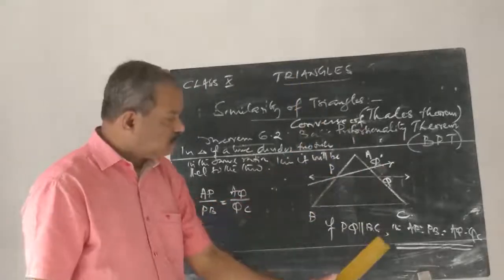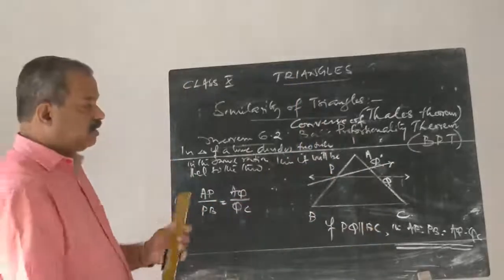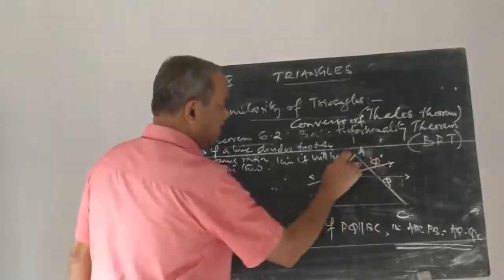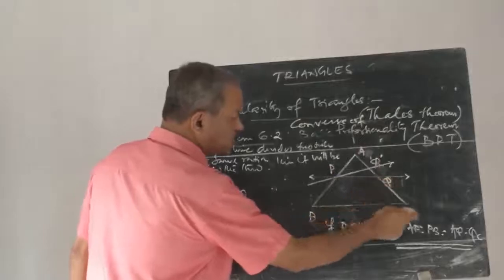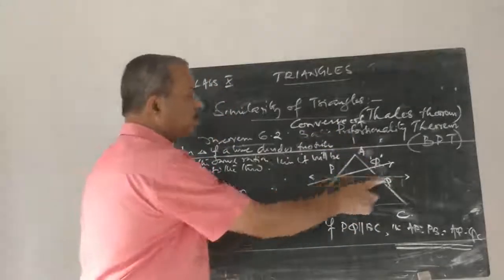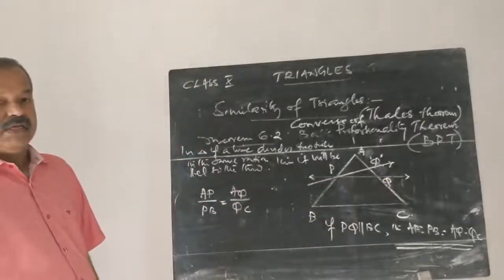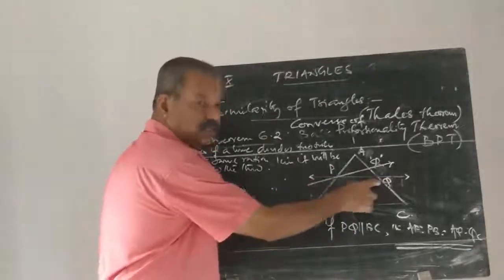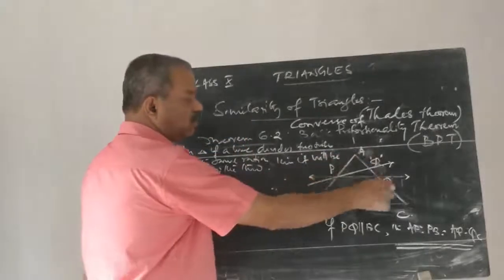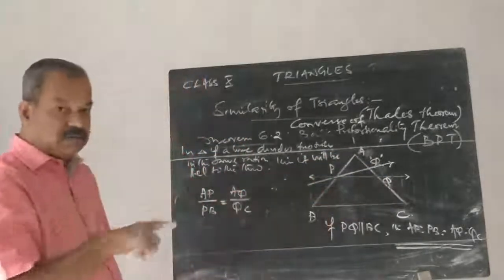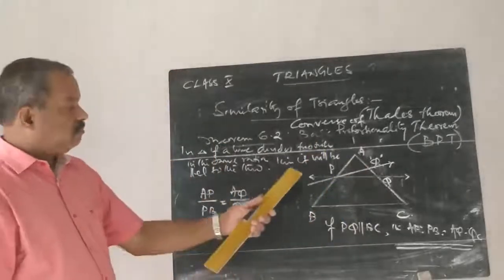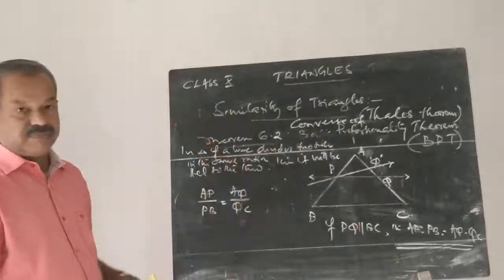Suppose it is not parallel to BC. Given in the figure, we are given AP is to PB equal to AQ is to QC, and we want to prove that PQ is parallel to BC. If PQ is parallel to BC, then AP is to PB equal to AQ is to QC, and the result is true.